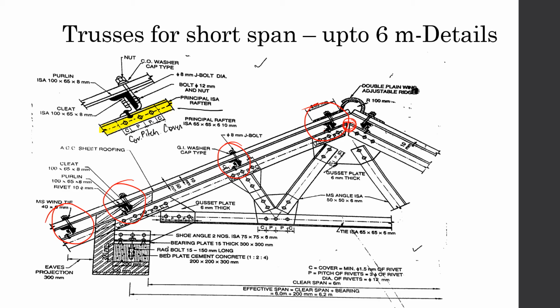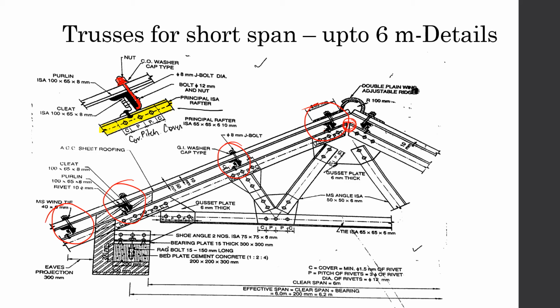Now this is a J bolt, the one which I am highlighting with red. As the name suggests, it is in J shape. That's why it's called a J bolt. It is provided so that due to winds or due to other forces, the covering over the truss does not come off.